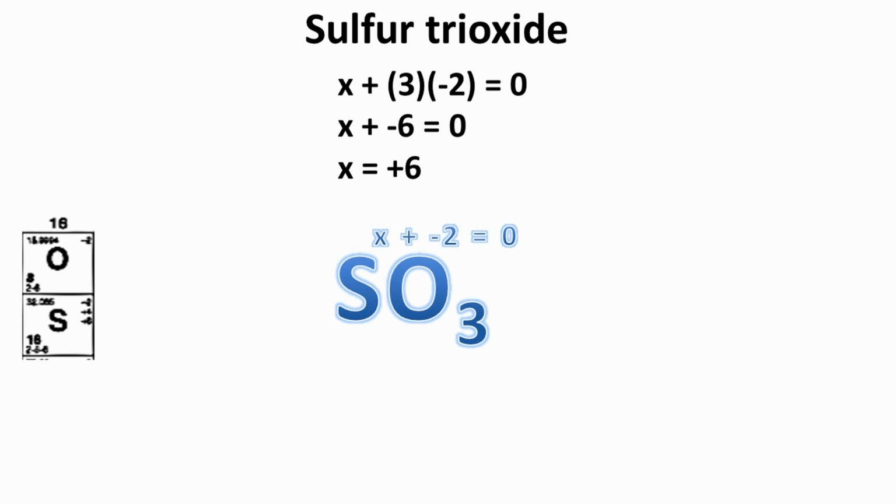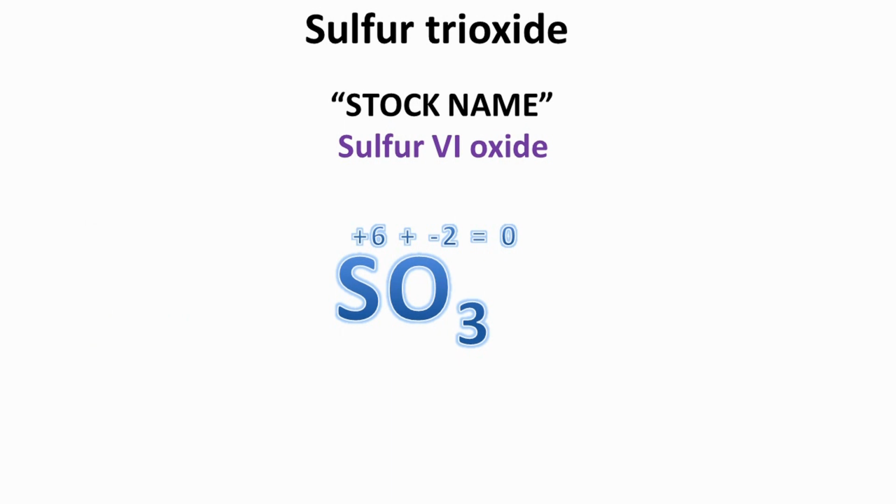So X will equal +6. So in this case, the oxidation number for sulfur will be +6. Because sulfur will have a +6 oxidation state in this compound, the stock name will be sulfur(VI) oxide.